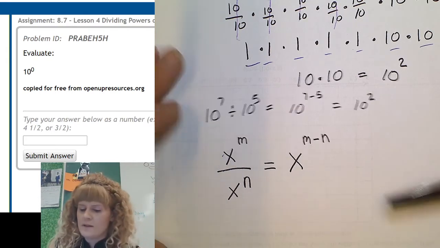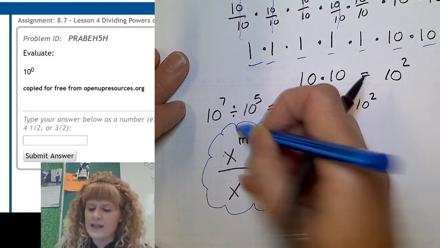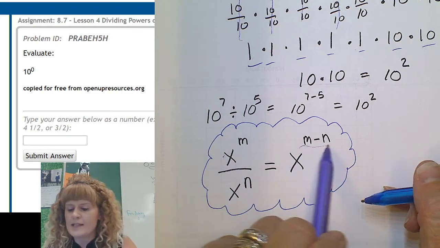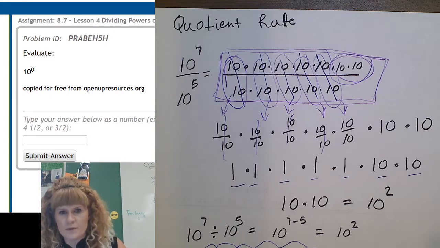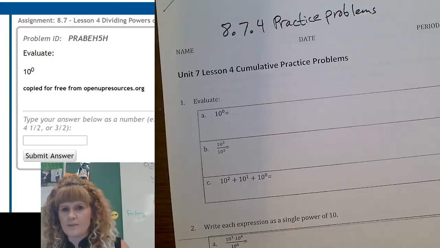Let me say this one more way. If you are dividing the same base, you can subtract the exponents. Now you know the quotient rule. You should have this in your notes. This is very important. You need to use that for these problems.